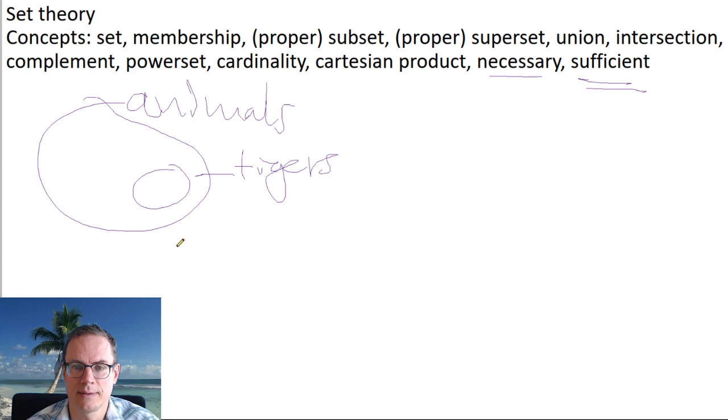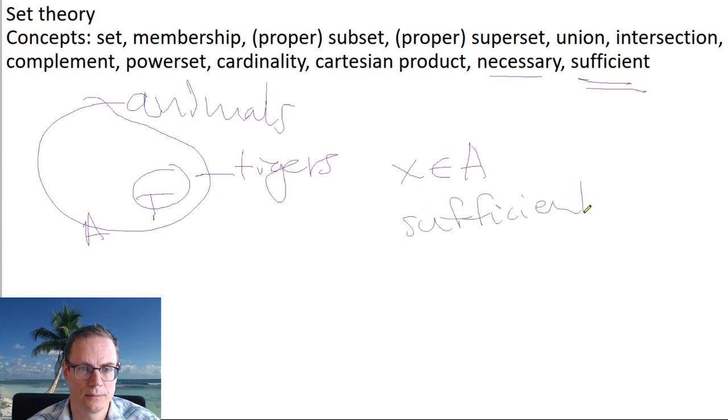Let's call that T, and let's call this A. So being an element of A is sufficient for being an element of T, but not necessary, because that's the other way around.